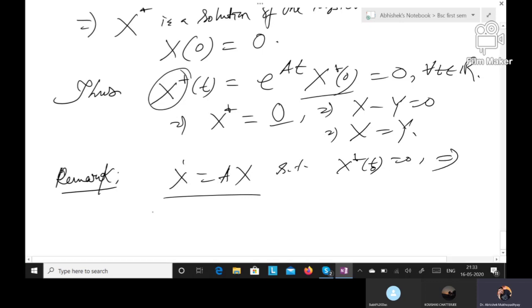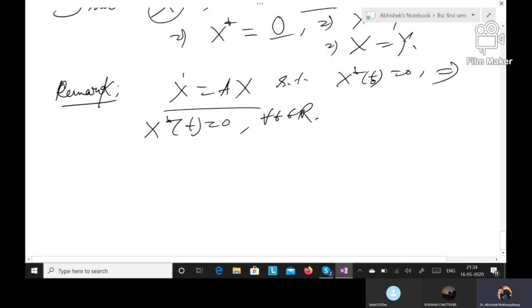So this implies X star t is 0 for all t belongs to R. Or in other words, one can say that the initial value problem X dot equal to AX with the initial condition that X at 0 is 0 has the unique solution X equal to 0.